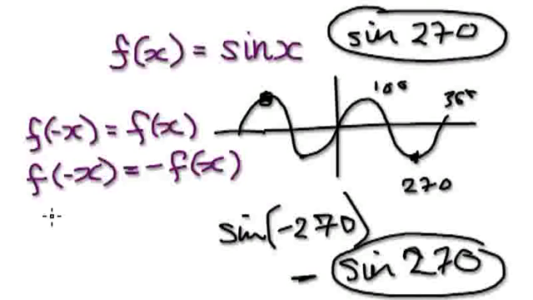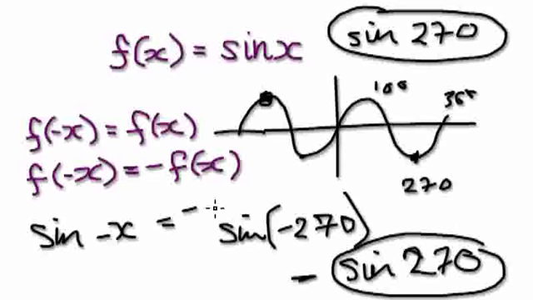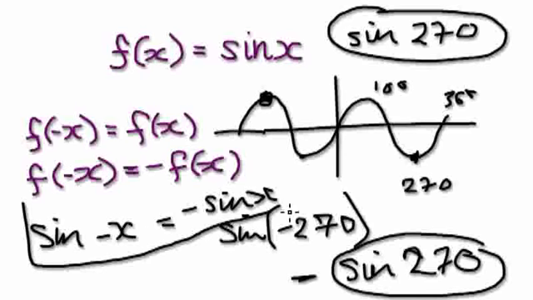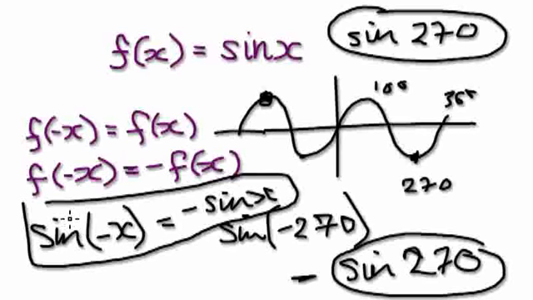So at the moment we can speculate that sine of minus x equals negative sine of x. This should be inside your mind, but we don't know for sure yet. We know that roughly it is the same thing.